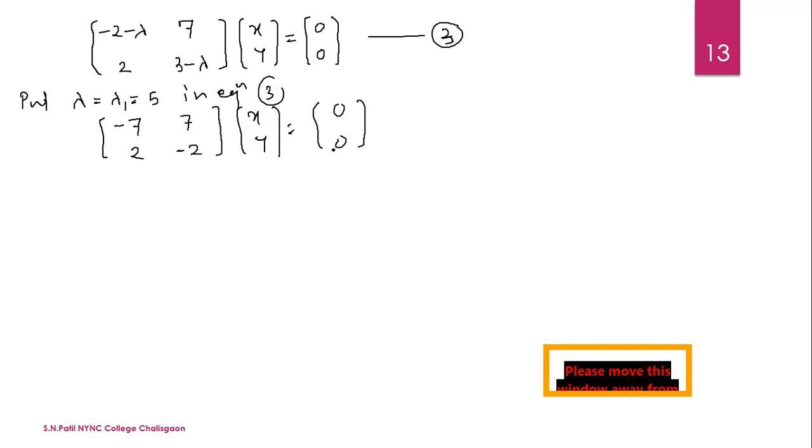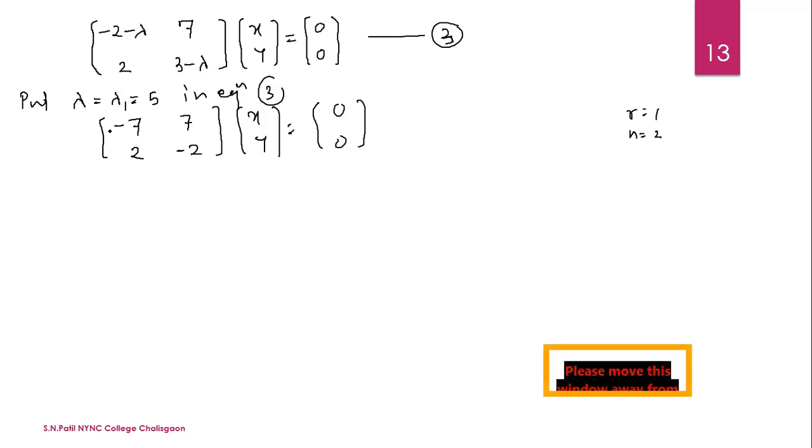Now these are identical equations. If we calculate its echelon form, we get the rank of this matrix is 1, and the number of variables is 2.